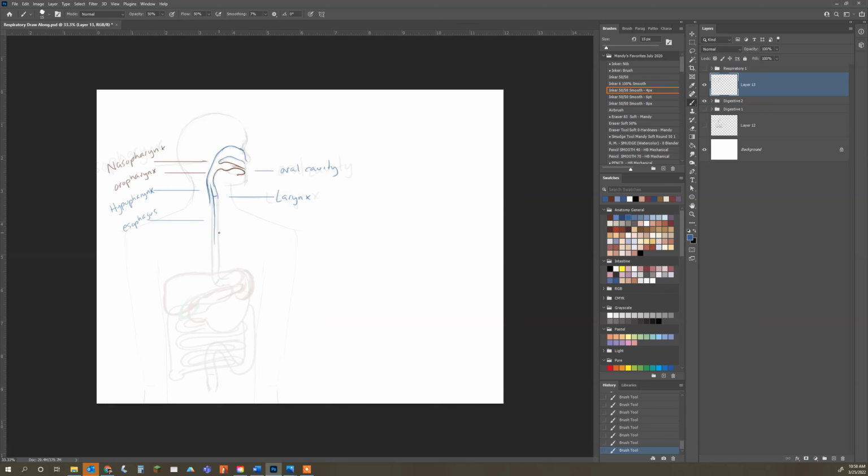So this is going to be our trachea. And here's the esophagus coming down. The trachea is going to sit in front of the esophagus, and we'll look at why in a second. It's kind of cool.